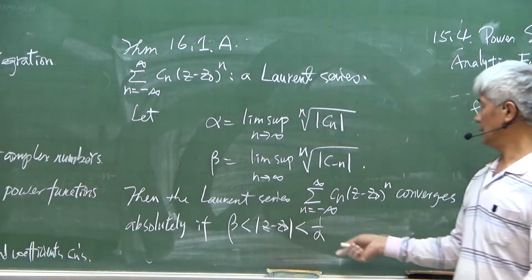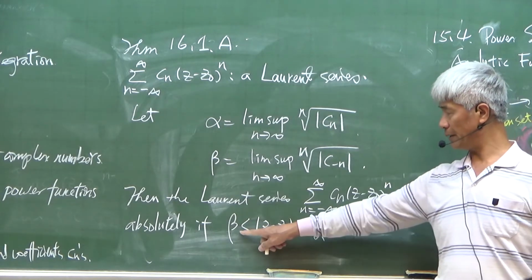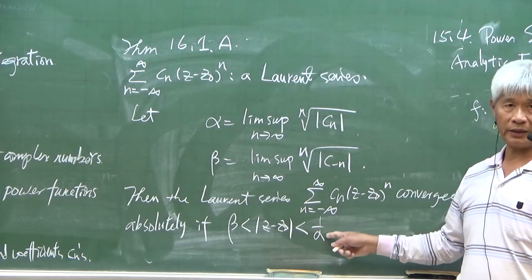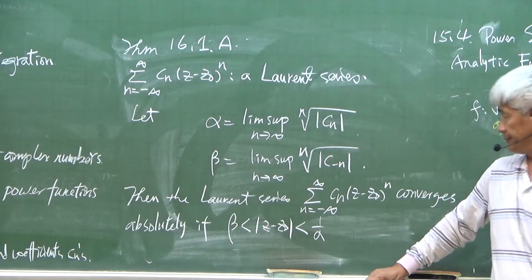Okay, so if the distance from the center is greater than beta but less than 1 over alpha, then this Laurent series converges absolutely.